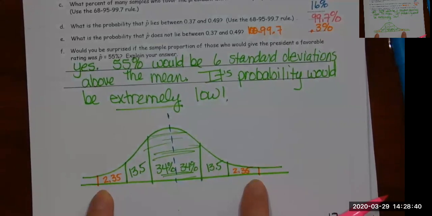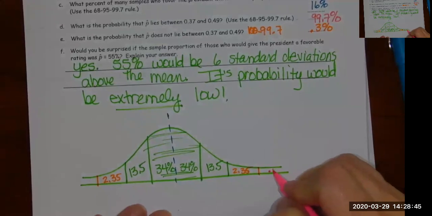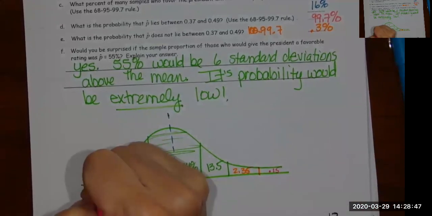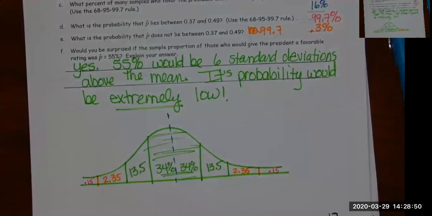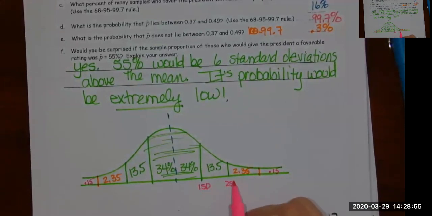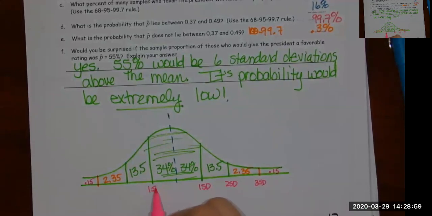Well, I've already used up 99.7%, so that leaves 0.3%. So that's 0.15 and 0.15 left, right? So this is 1 SD, 2 SD, that's standard deviation, 3 standard deviations. I should use a symbol, but I think you'll remember this better. This is standard deviations below the mean. So y'all know that to get above 3 standard deviations, you're at 0.15%, which is very, very tiny.